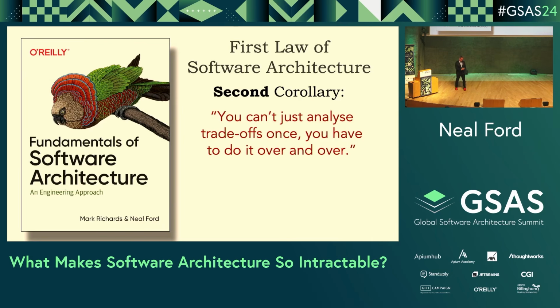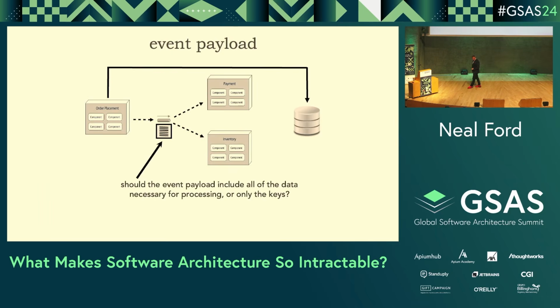And that's really the essence of this keynote. These decisions are intractable. It means that you can't just make this decision once and say, we're always going to use choreography in our organization. You have to do that trade-off analysis again every time choreography comes up, for reasons that we'll get into.